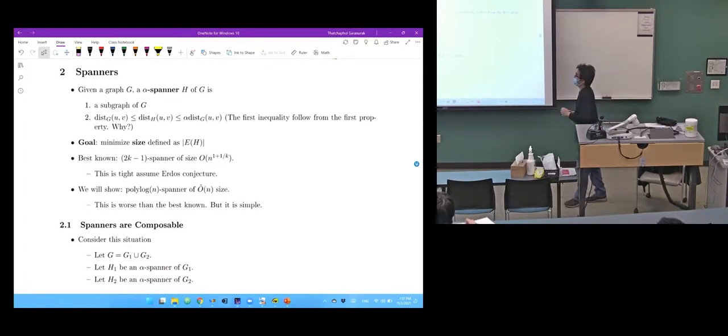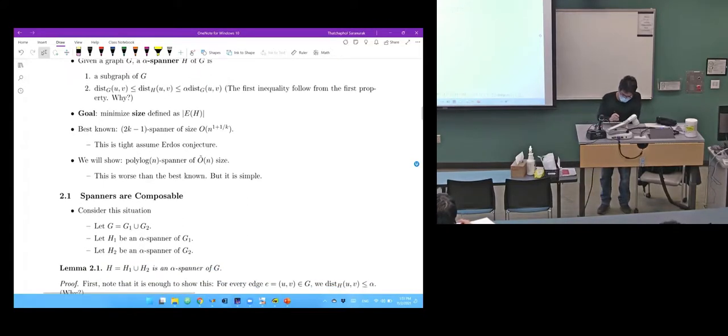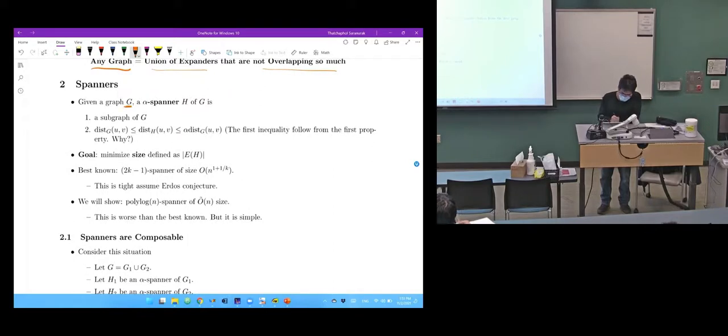The first concept of graph compression is a spanner. Let's say that we are given a graph G. Then an alpha spanner H of G is a subgraph of G, so it has a smaller number of edges for sure.